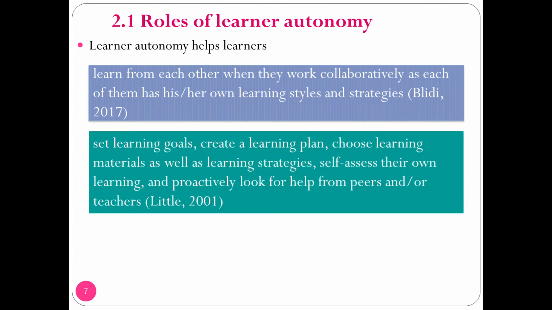It helps learners set learning goals, create a learning plan, choose learning materials as well as learning strategies, self-assess their own learning, and proactively look for help from peers or teachers.